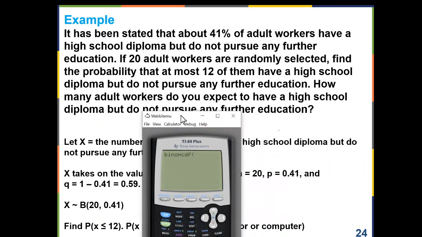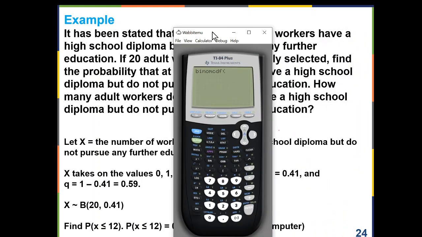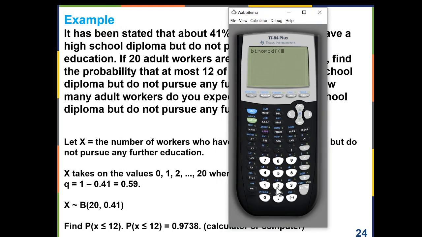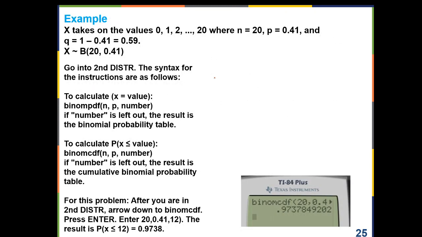Where was N? 20. Right. So 20, and then the probability of success was 0.41, and X is 12. There, see, 0.97 something. In a fraction of a second, you get the answer for us. So that's how we do it, by binomial CDF.